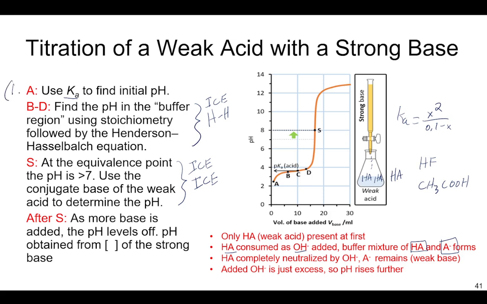Lastly, so these are the 4 different types of problems we might be asked about to calculate pH for 4 different regions: before the titration starts, before the equivalence point, at the equivalence point, and after the equivalence point. Okay, and you can see here the pH at the equivalence point is 8. Instead of 7, it's moved up.